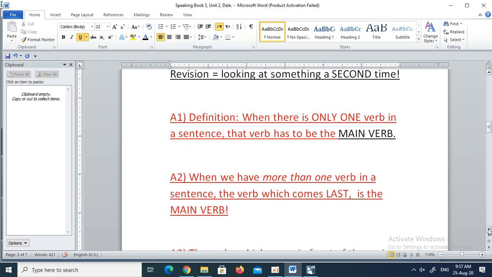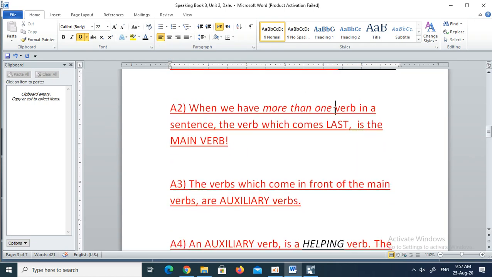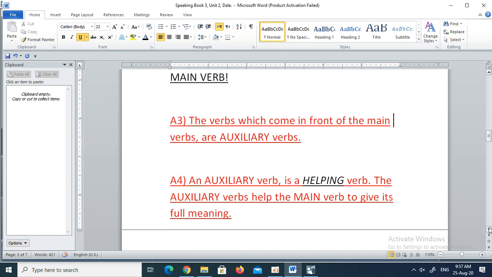However, when we have more than one verb in a sentence, so we can have 2 verbs or 3 verbs, the verb which comes last is the main verb. Remember that. The verb which comes last is the main verb. And in a sentence where there is more than one verb, the verbs which come in front of the main verb are the auxiliary verbs.